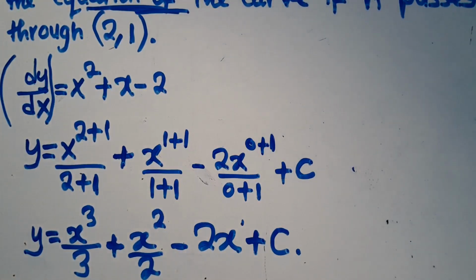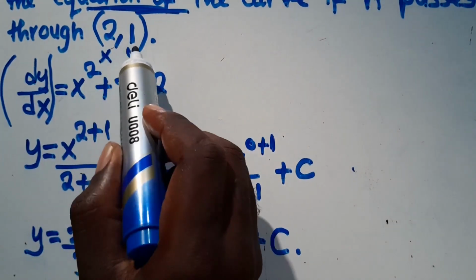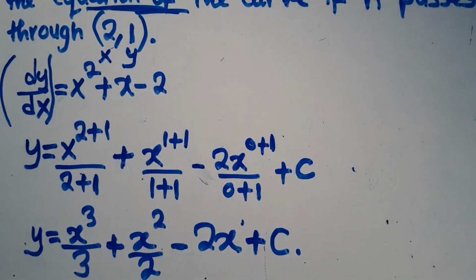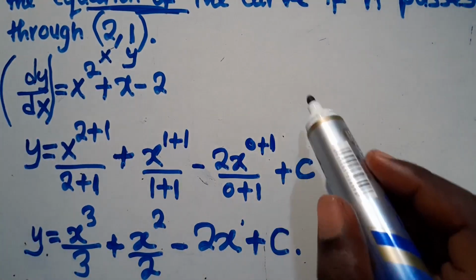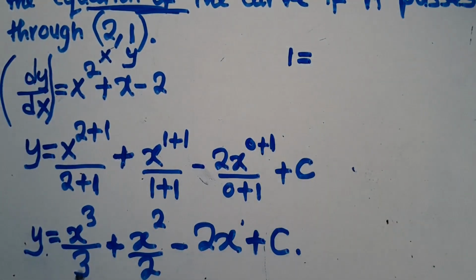How do we find the value of c? You are given a point there. This is the value for x. This is the value for y. X is 2. Y is 1. That is what you are going to do. So this is very simple. Where there is y, put 1. It is 1 is equal to, where there is x, I put 2.